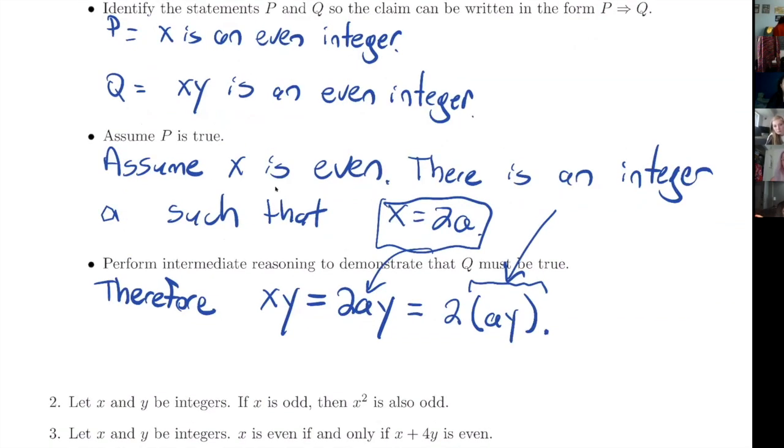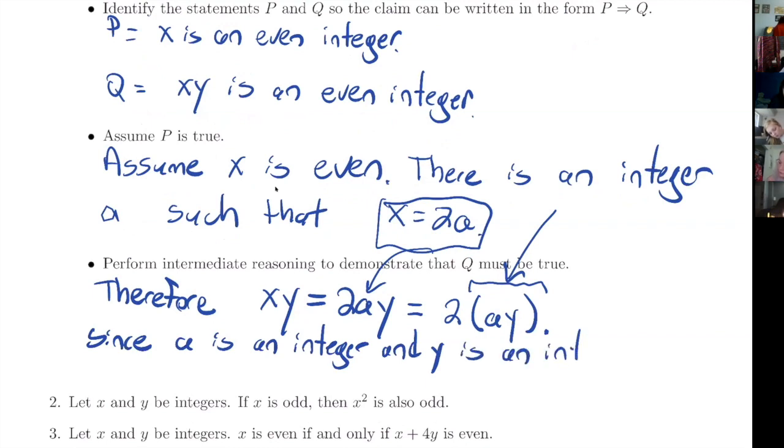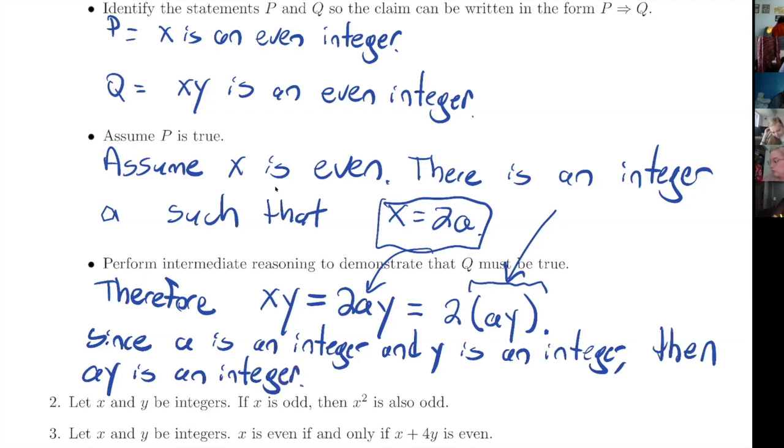And so here we could say, since a is an integer, and we were also told that y is an integer, then a times y is an integer. Okay, and thus now we have shown that x times y is even because I've shown that it can be written as 2 times an integer.